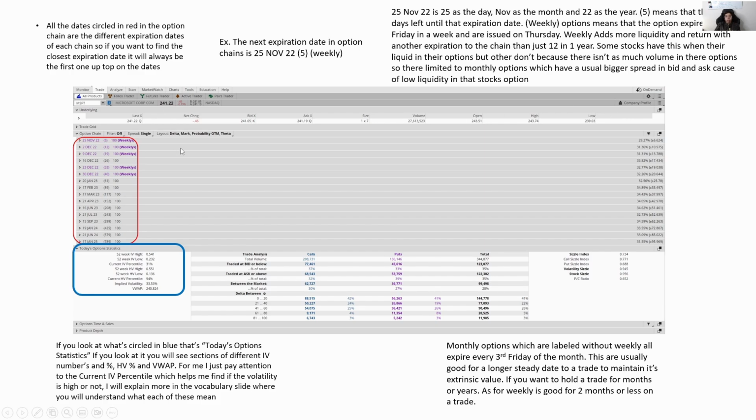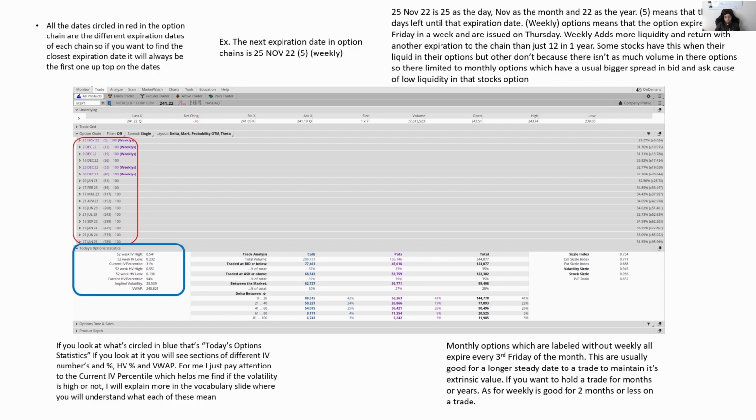Now, the reason why weekly options exist is because they add more liquidity and give a better return within the expiration chain than just having the 12 monthly expirations. So what does that mean? For some of you who don't know, many years ago, when options were just beginning, options only had monthly expiration dates.